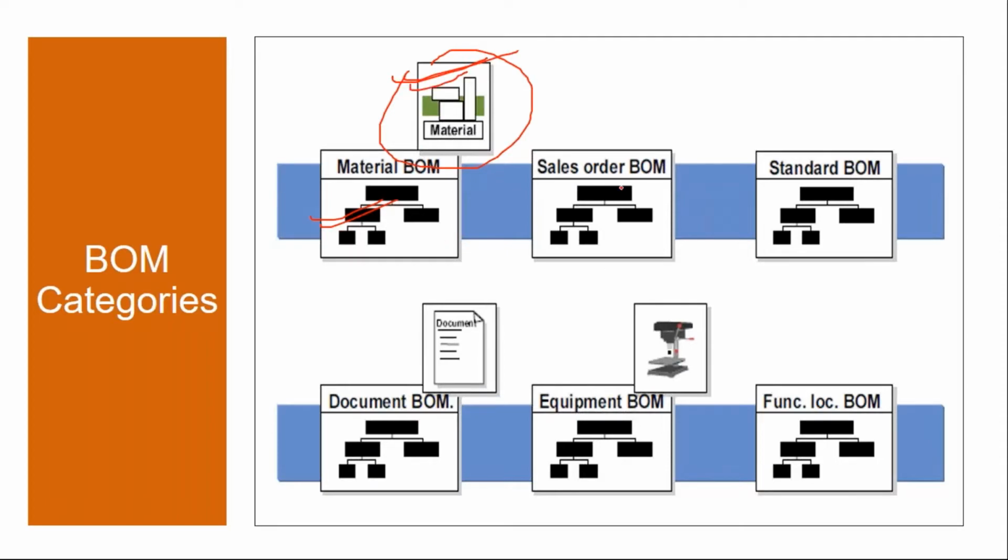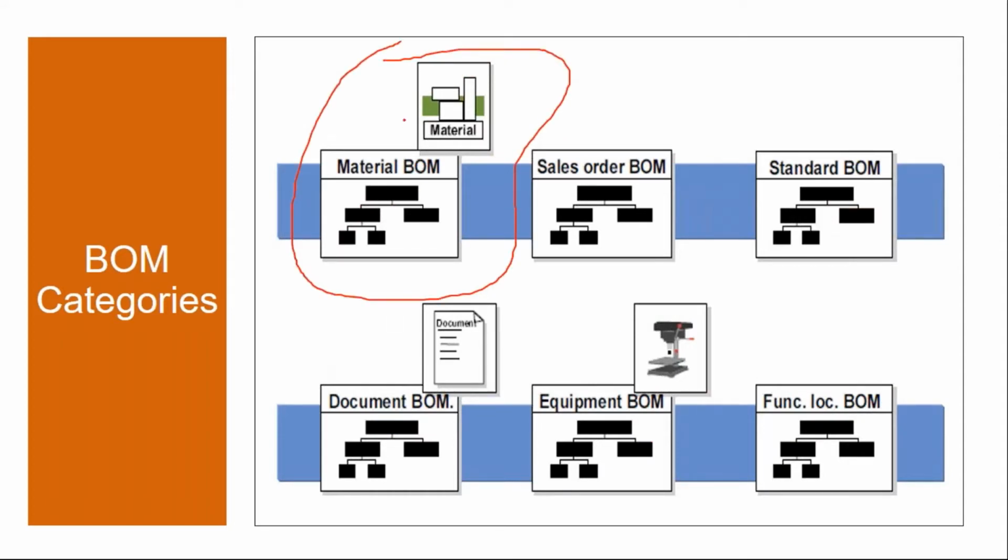Whereas in other modules like SD, they create a BOM for a sales order. This is called sales order BOM. And in other modules like PM, they create a BOM for equipment or for a functional location. Equipment BOM means machine BOM. So in some other areas, they create BOMs for various objects. These are called BOM categories, but in PP, we will be using the material BOMs.